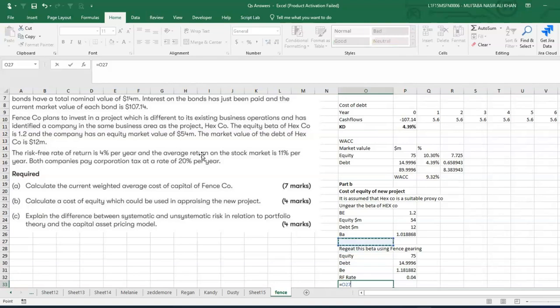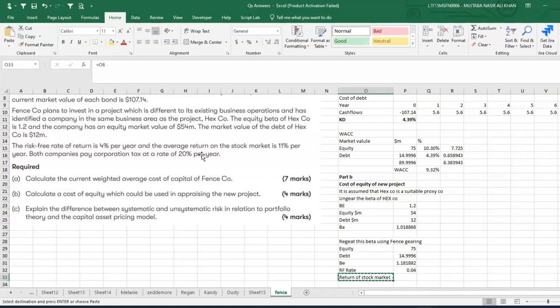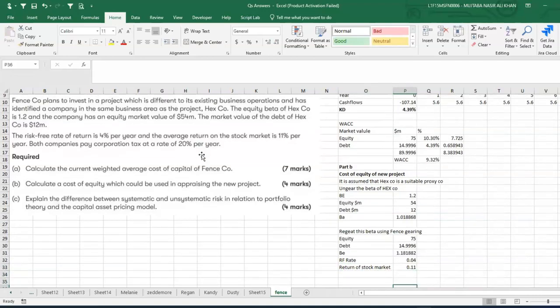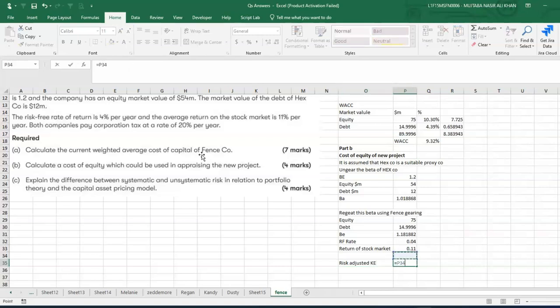Return of market is also given. Simply calculate the new cost of equity, risk adjusted cost of equity. And that is risk-free rate plus beta into RM minus RF. Cost of equity. Okay. That's how you will calculate it.